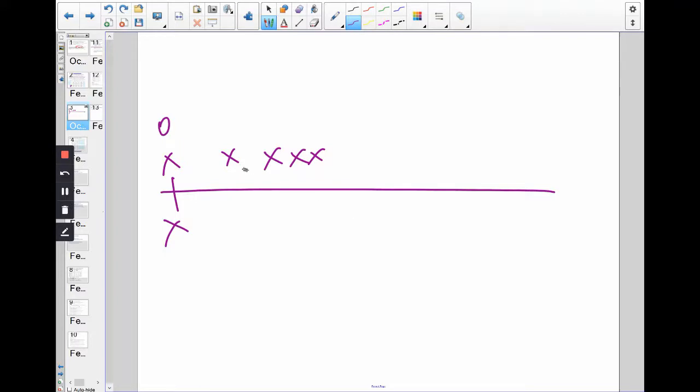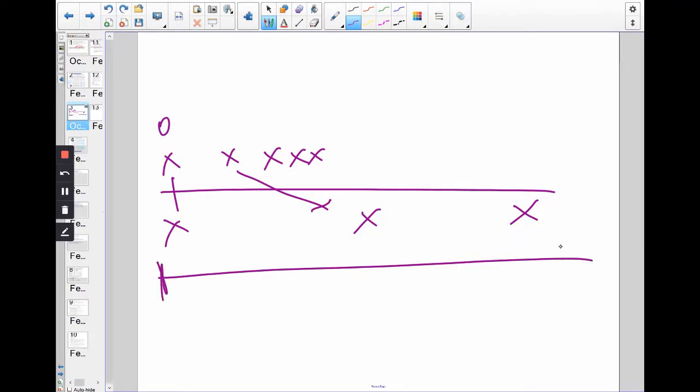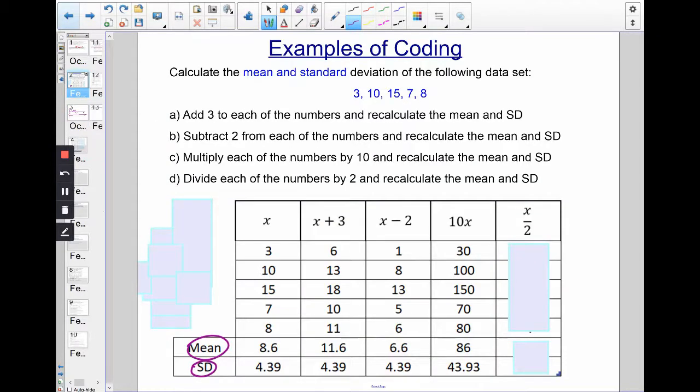This value would end up down here. That value would end up down there. And essentially the spread of your data is much, much wider, or in this case, 10 times wider. And therefore your standard deviation will be bigger.